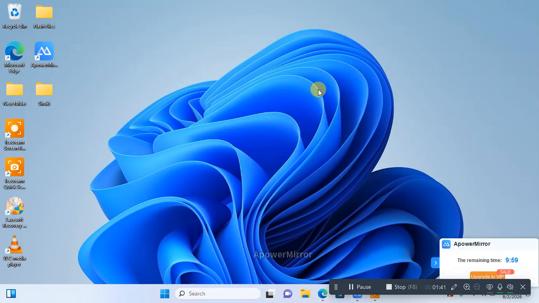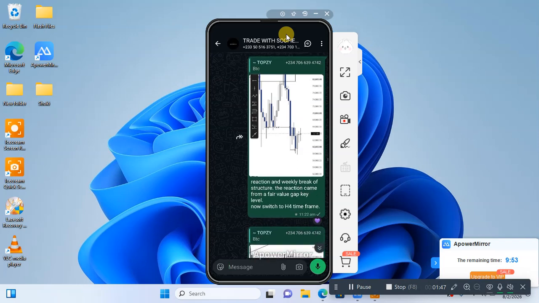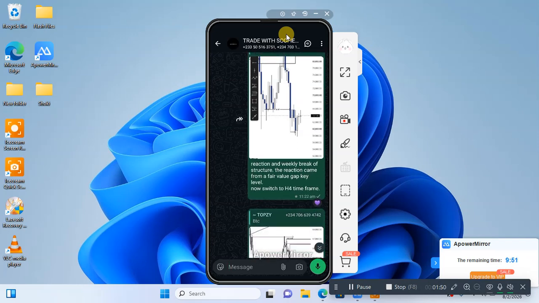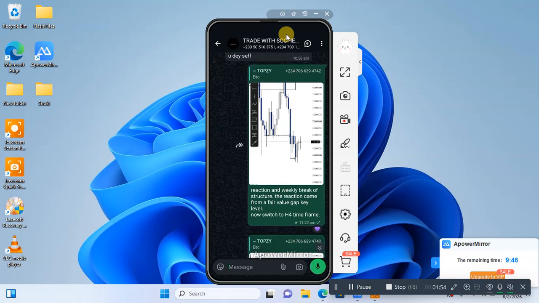So last 2 weeks, if you can see my screen right now, we talked about this, precisely 18th July, where I did analysis on BTC. My first screenshot that I posted was reaction and weekly breakout. I was trying to explain the screenshot of structure and break of structure.